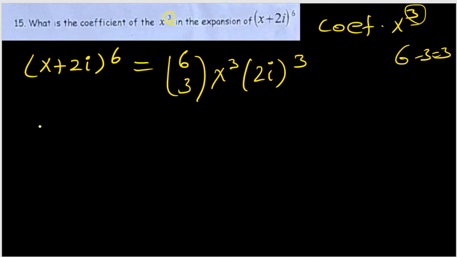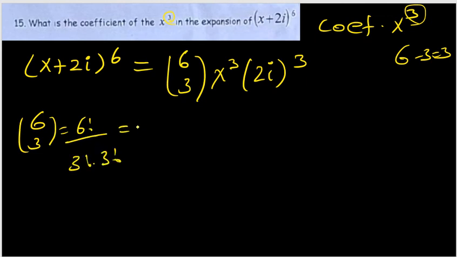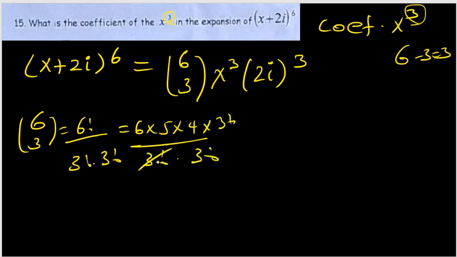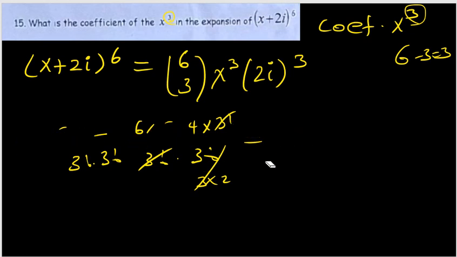What is 6 combination 3? 6 combination 3 will be 6 factorial over (6 minus 3) factorial, 3 factorial, times 3 factorial, which is 6 times 5 times 4 times 3 factorial over 3 factorial times 3 factorial. So we can cancel 3 factorial here. 3 factorial means 3 times 2, which is 6. So this 6 will cancel this 6. So what remains? 20 remains.